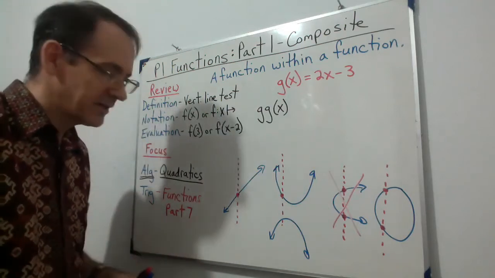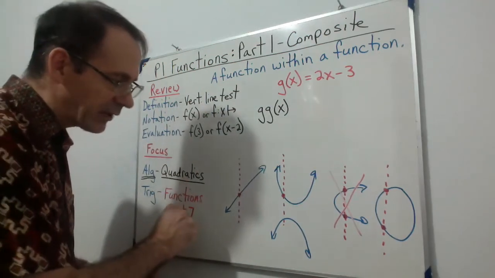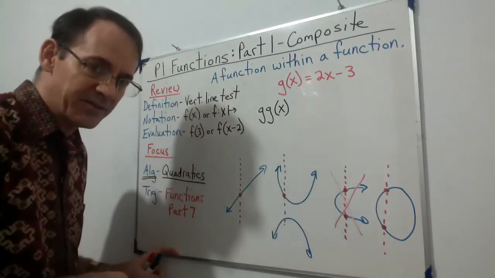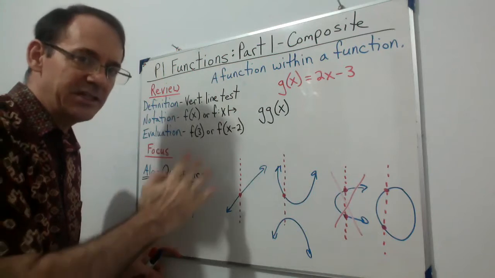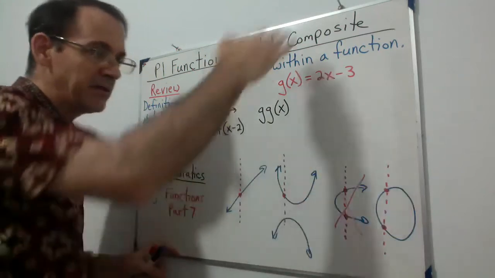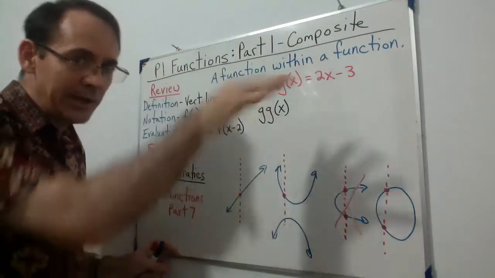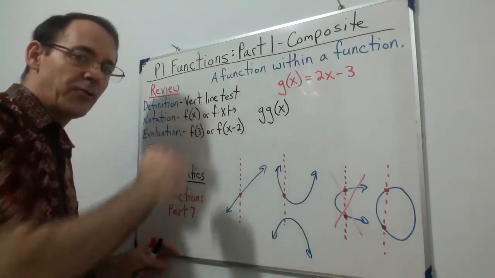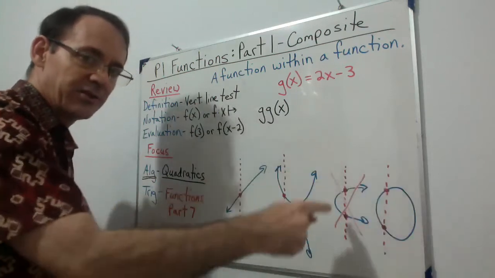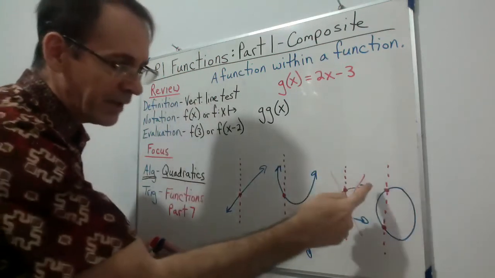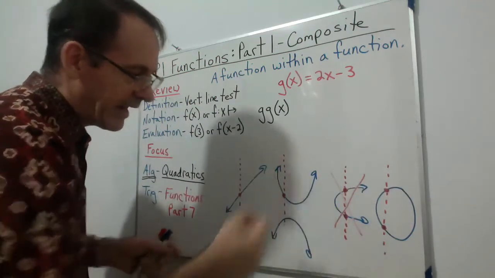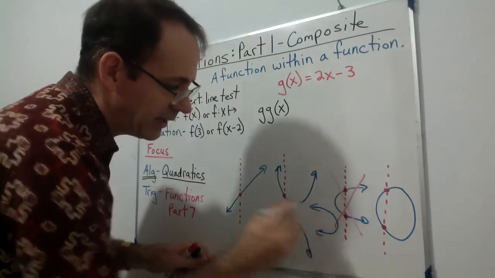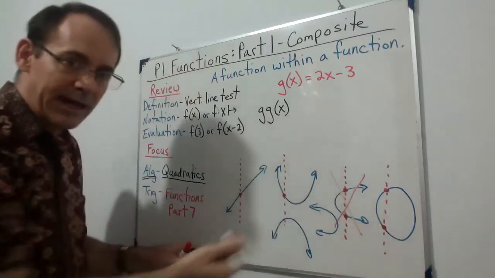Really, practically speaking, it means as your graph moves from left to right, it doesn't fold back on itself. Your graph will continue from left to right. It might go up, might go down, might go in a wave, but it will continue from left to right. It won't fold back on itself like a circle does. A circle comes back on itself. Your sideways facing parabolas, like the ones facing this way, go, but then come back on themselves.